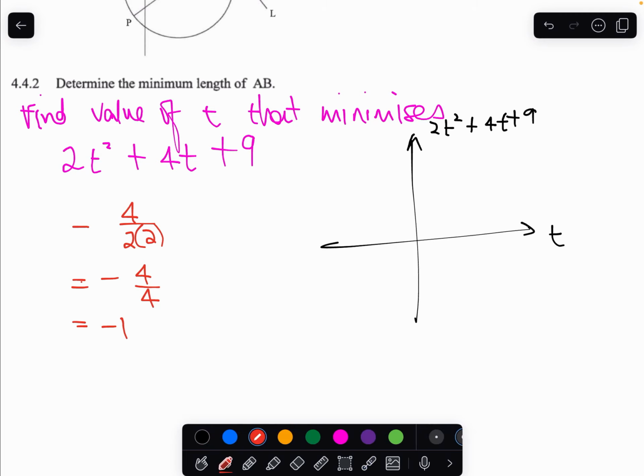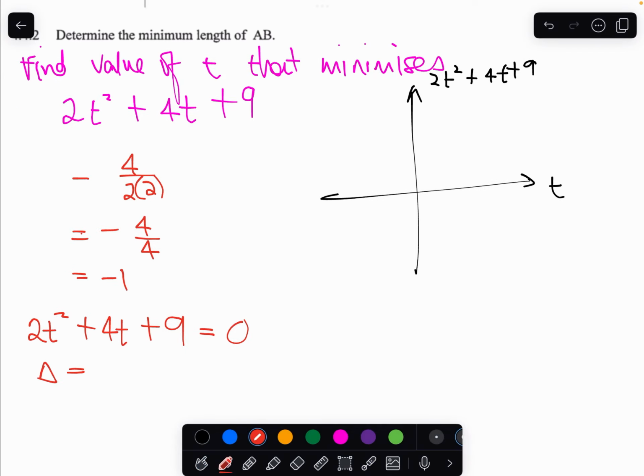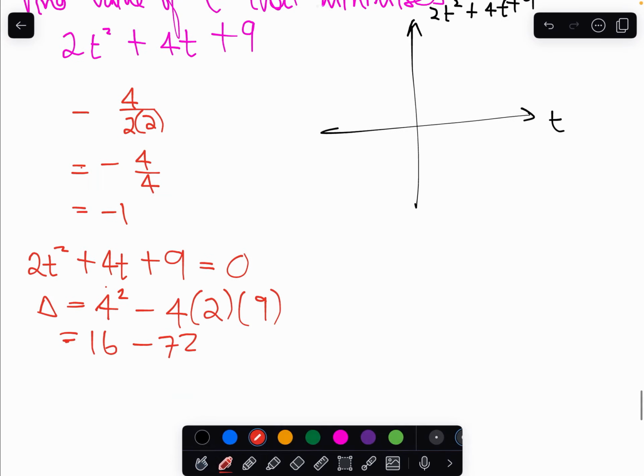Another way we can quickly check is the discriminant for this equation, i.e. are there any x-intercepts. The discriminant is b squared minus 4 times a times c, which is 16 minus 72, which I don't really care what the value is.